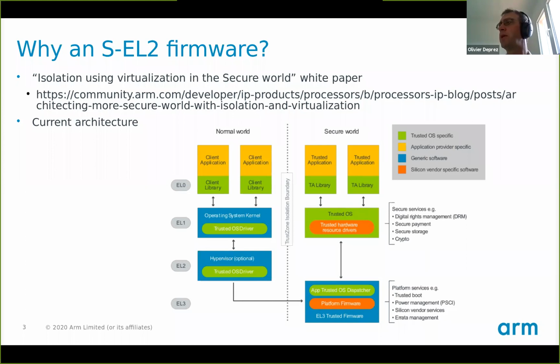The EL3 firmware is probably coming from the TFA project. Platform firmware coming from the silicon vendor, and a so-called secure payload dispatcher from the trusted OS, including a few specific bits from this trusted OS. And above, at EL1, the trusted OS itself, including platform drivers, which might be provided by the silicon vendors.